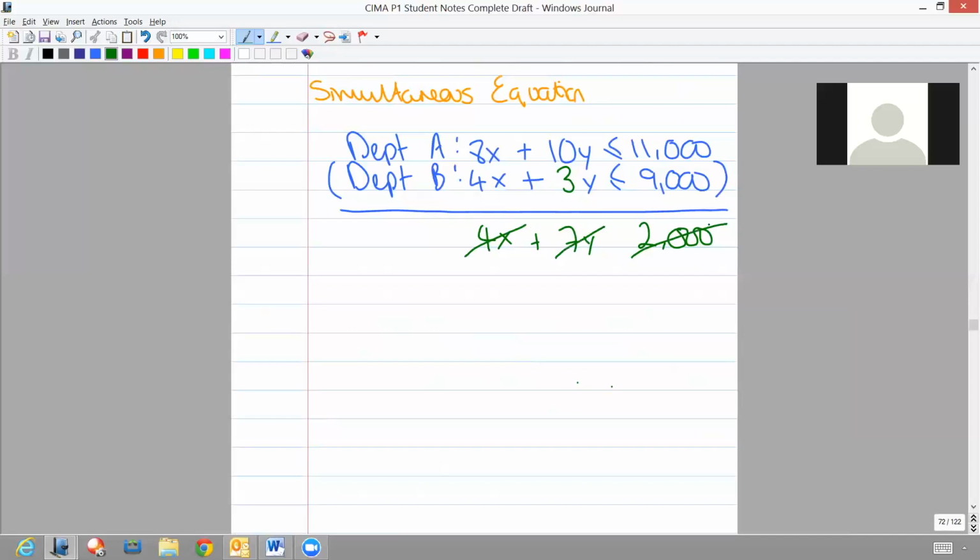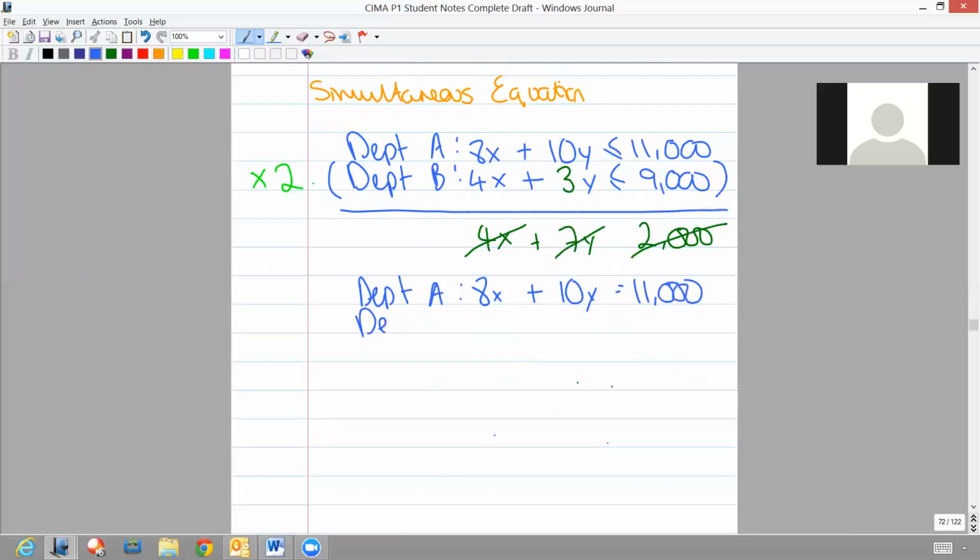So what you have to do is multiply one or both of your lines to get an equal value, to ensure that you can have a 0 at x or a 0 at y. In this case, if we multiply our bottom line by 2, what we'd end up with is the following. Department A would remain the same at 8x plus 10y because we wouldn't change it.